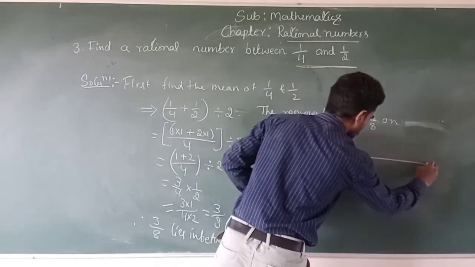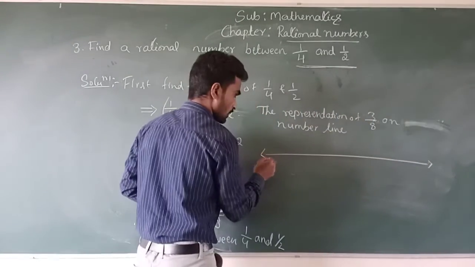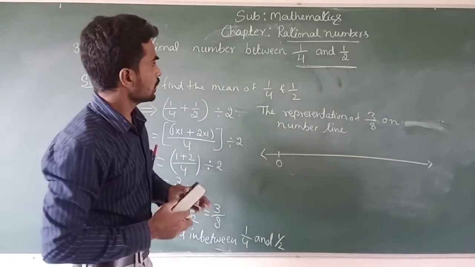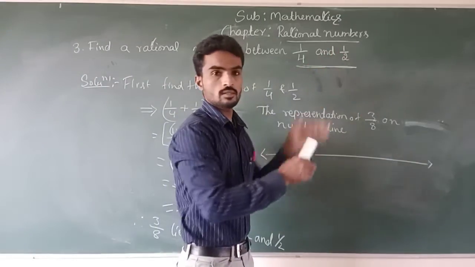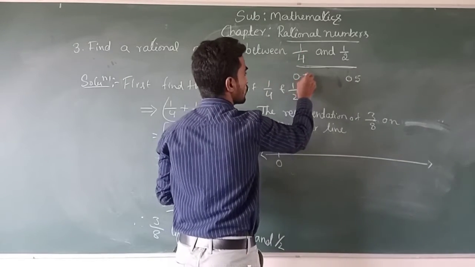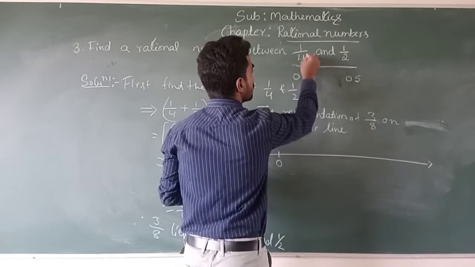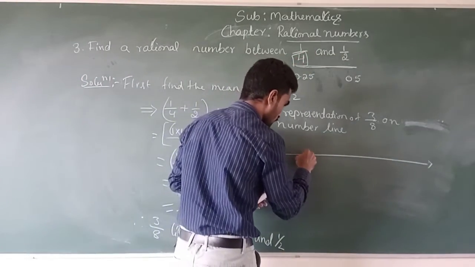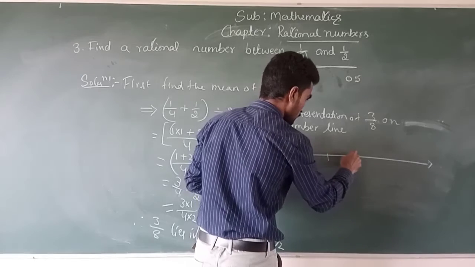Draw a number line. Here take 1.0. The value of 1 by 2 is 0.5. The value of 1 by 4 is 0.25. Here the LCM is 4. Therefore, you can divide this line segment into 4 equal parts.